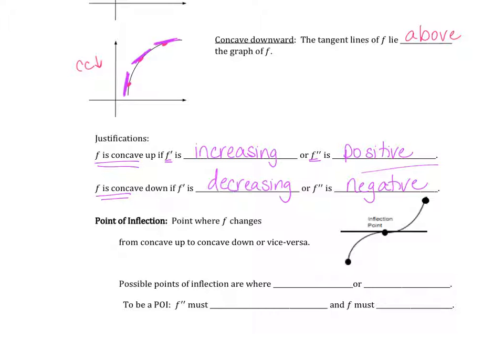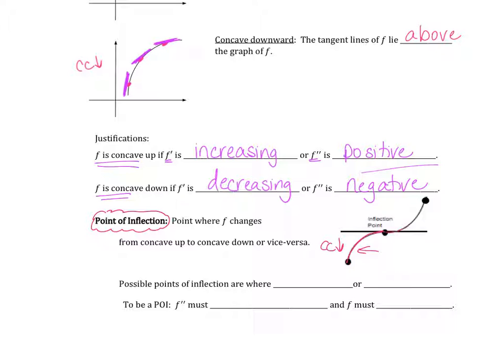So a point of inflection, which I will abbreviate as a POI, is a point where f changes from concave up to concave down or vice versa. In other words, where f is changing its concavity. So notice right here, this piece is a concave down piece. Concave down looks like a frown.